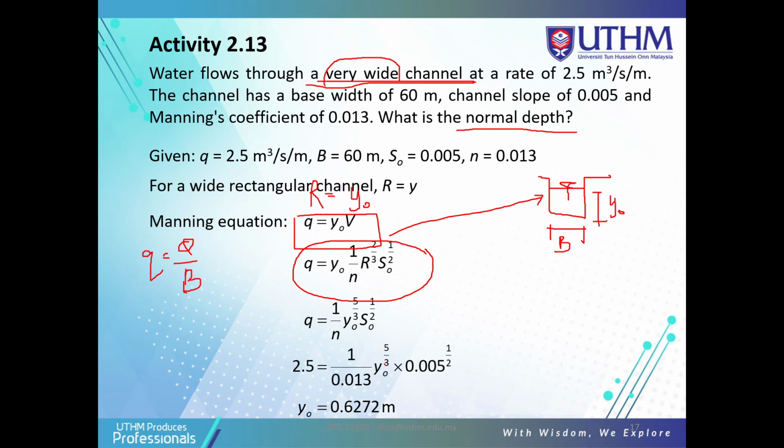This is easier because it uses the direct equation for a very wide channel. You just use the Manning equation, but you must change it to the discharge per unit width. This is only for a rectangular wide channel, to get the normal depth.